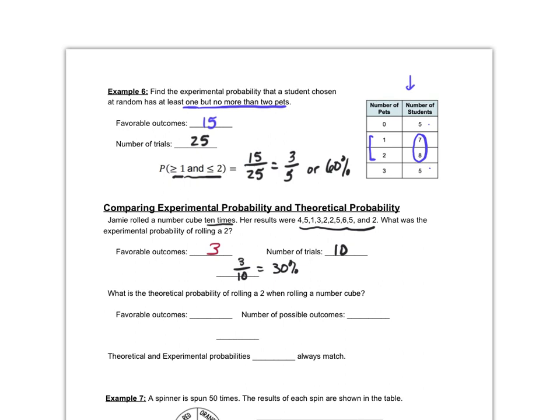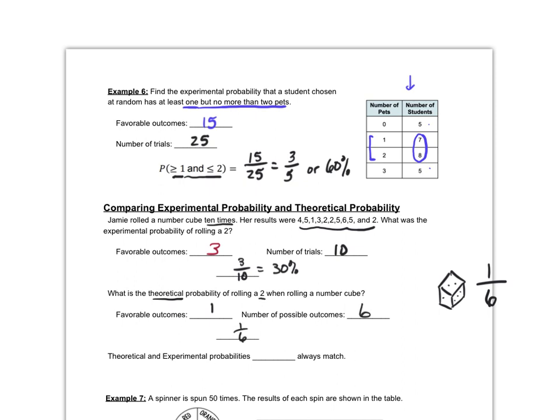That would be my experimental probability. Now, if we look at the theoretical probability of rolling a 2 on a standard number cube, the probability of rolling any given number is the favorable outcomes divided by the number of possible outcomes. The number of favorable outcomes of rolling a 2 is 1. The number of possible outcomes is 6.